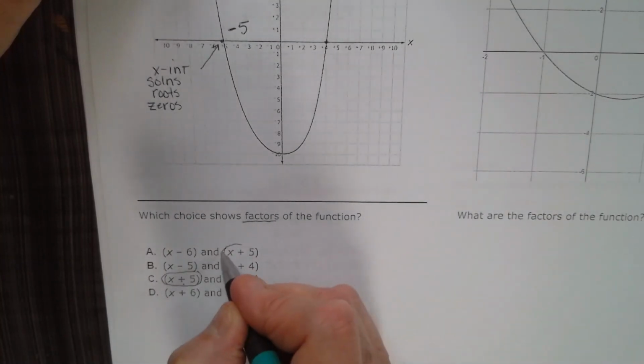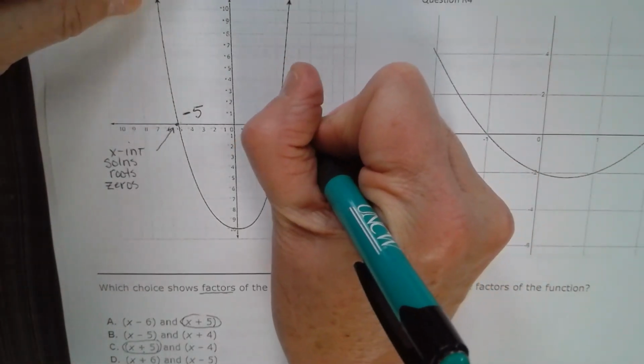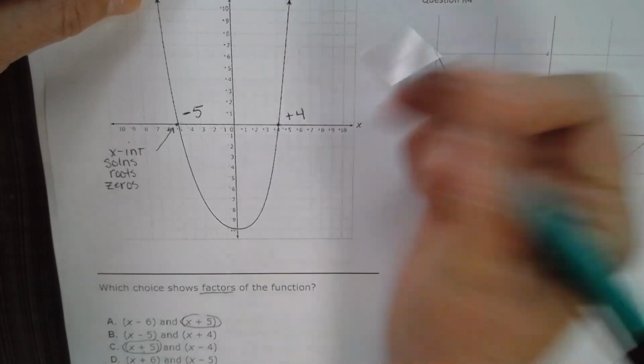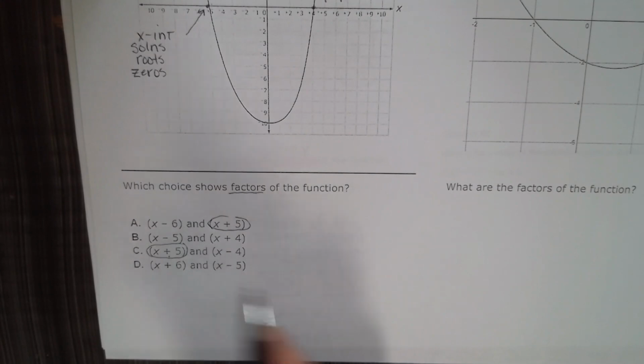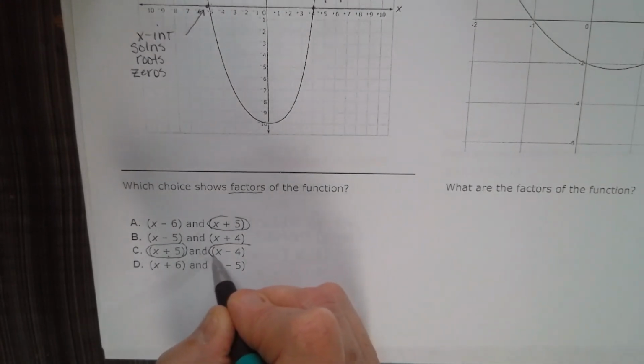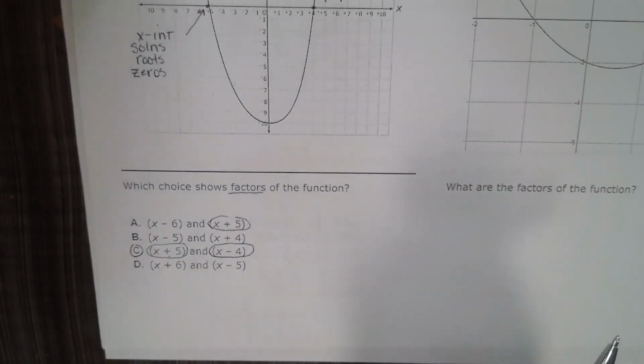So I got these two. Okay, this x-intercept is a +4. In the factored form, it's going to be the opposite sign. So I am looking for a -4. So the answer is C.